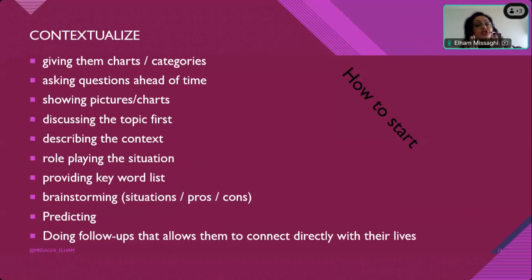So I'm not going to teach all the new words, but the key words, the words that block their understanding. So we need to pre-teach the key words, the words that help them to get the idea of the audio. If they don't know them, they cannot understand it.